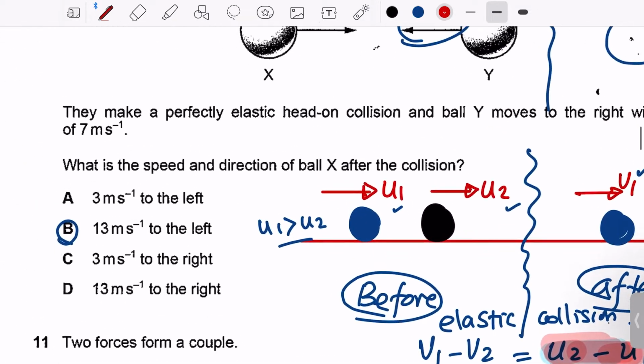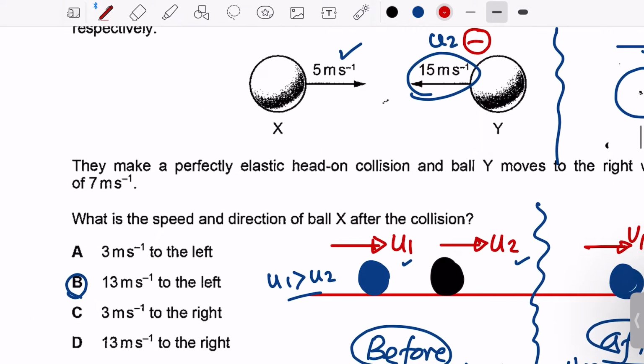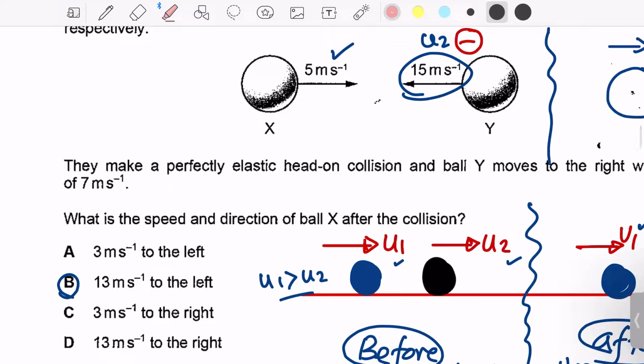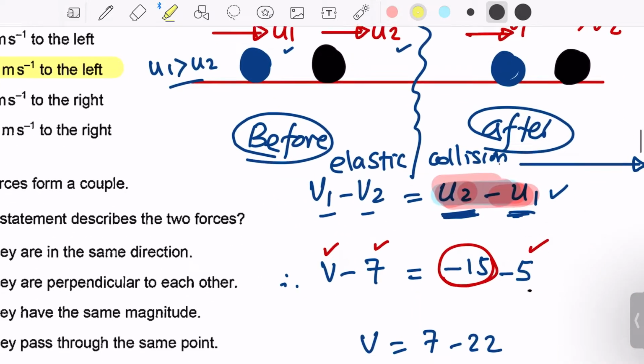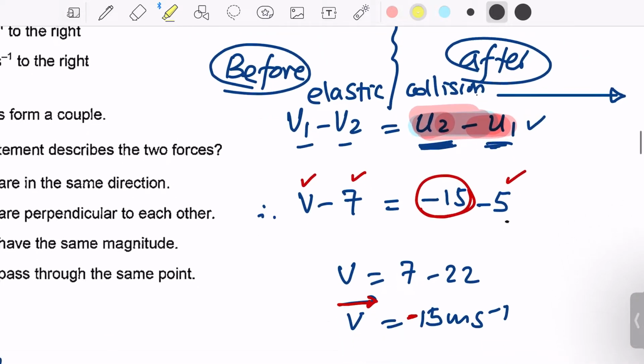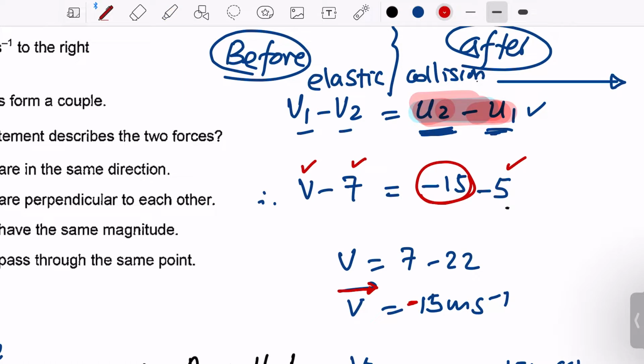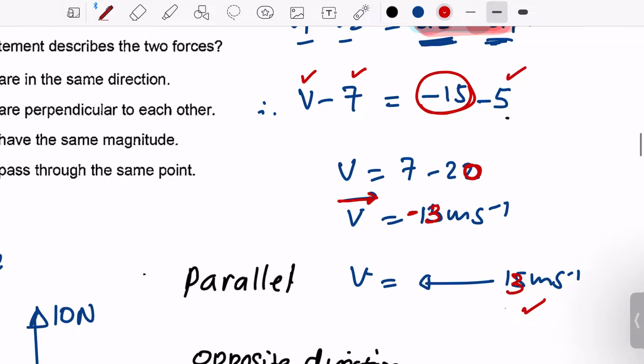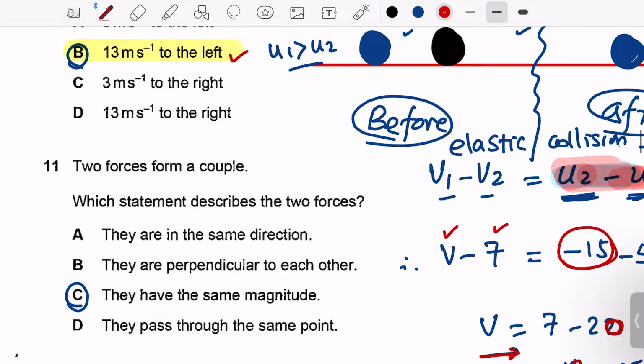So for question number 10, the answer should be the first ball will be moving to the left with 13 meters. Let me check. Oh, sorry, I made a mistake. This is 20, so 13. So this should be to the left 13 meters per second. Answer is B.